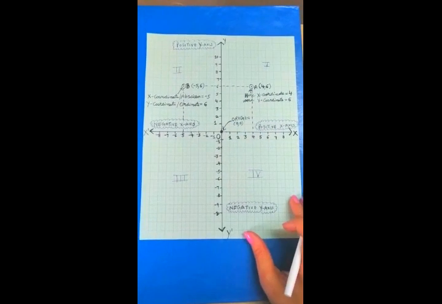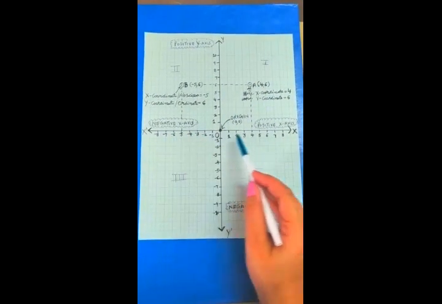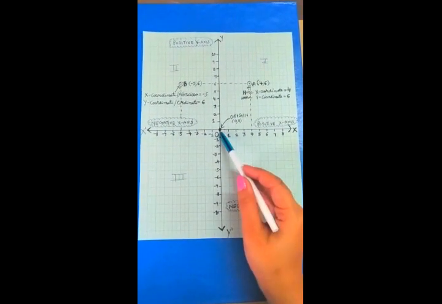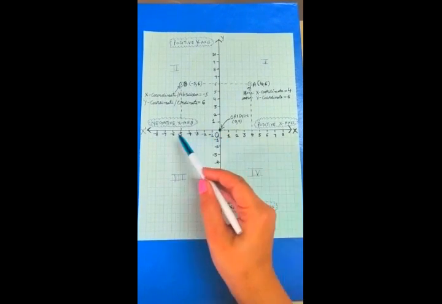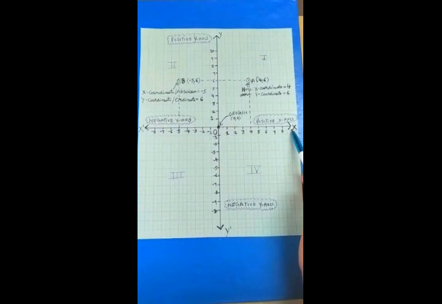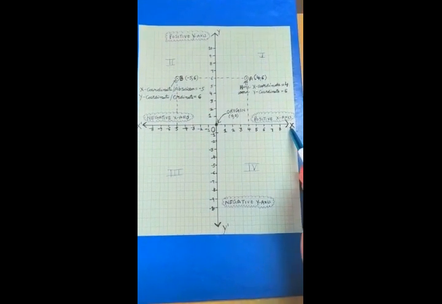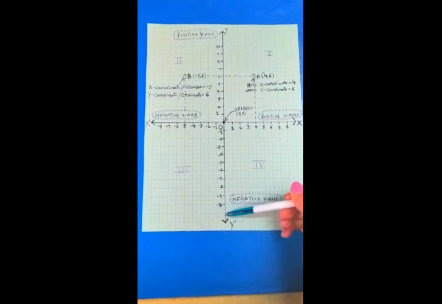And one more thing you can see, the point where these two axes or the two lines meet is denoted by letter O. So what is the name of these two lines? The name of the horizontal line is called x-axis. The name of the vertical line is y-axis.